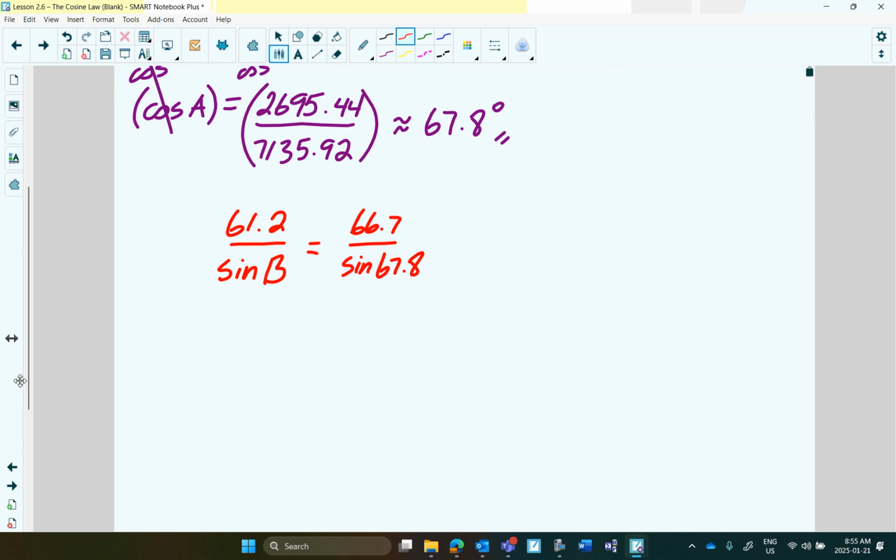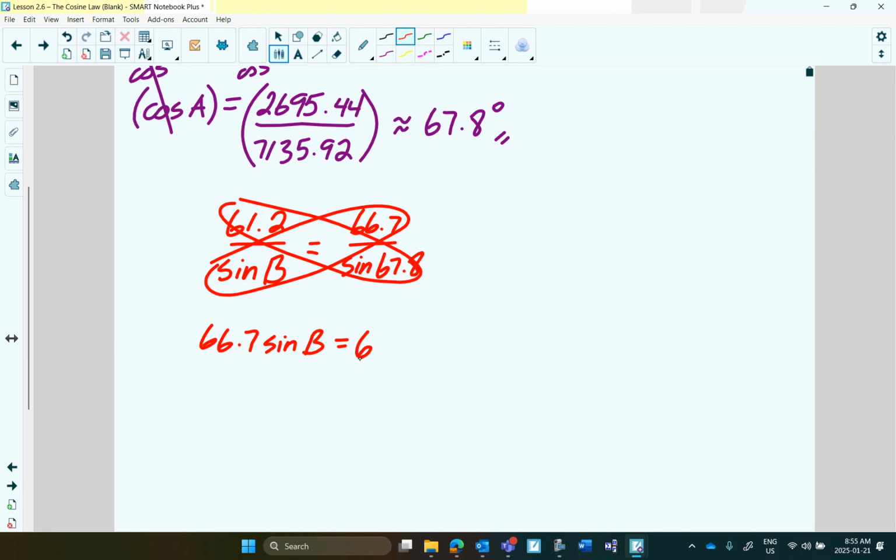And remember, to get rid of fractions, cross multiply. So we're going to get 66.7 times the sine of angle B equals 61.2 times the sine of 67.8 degrees.